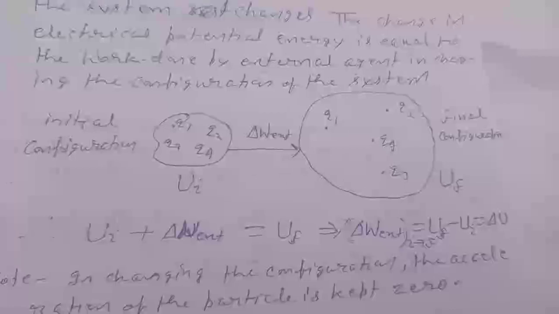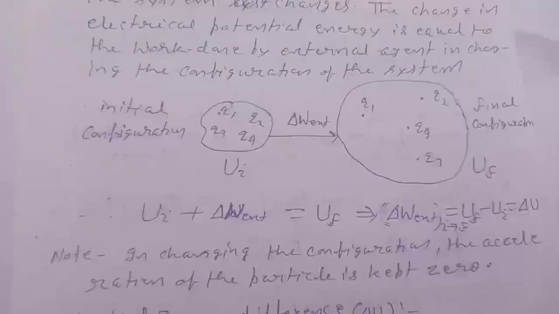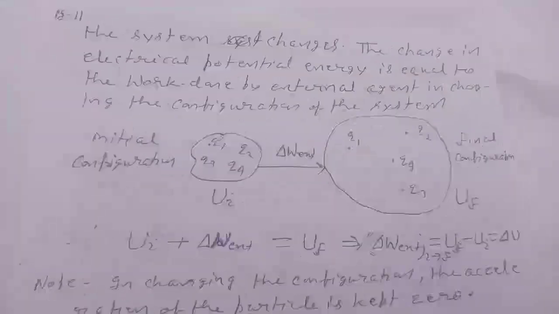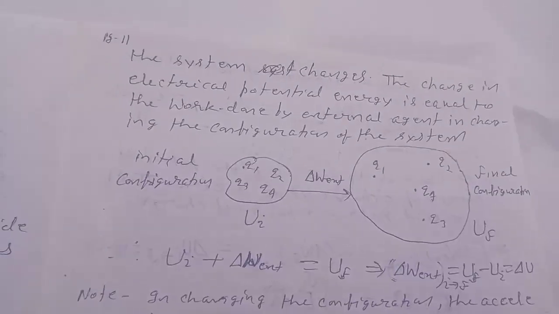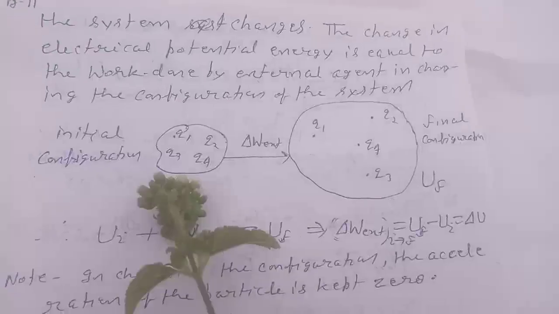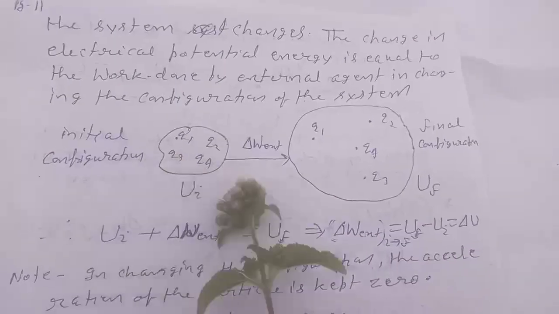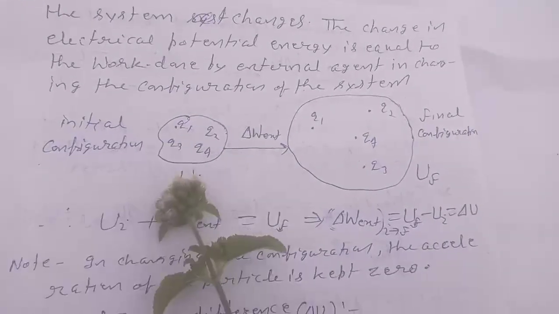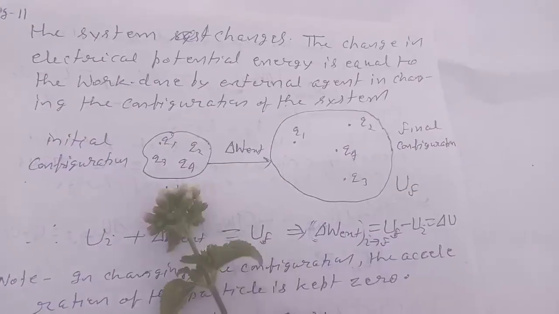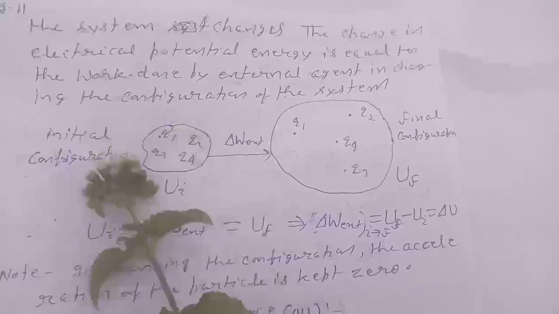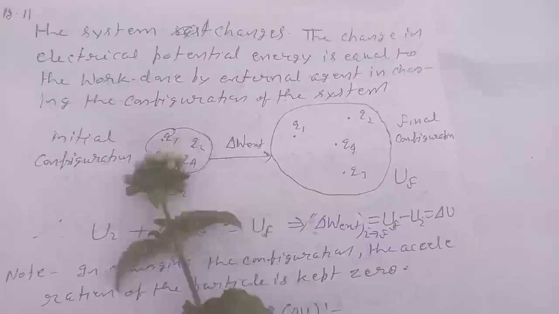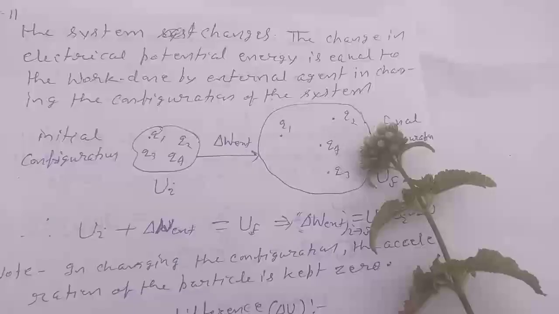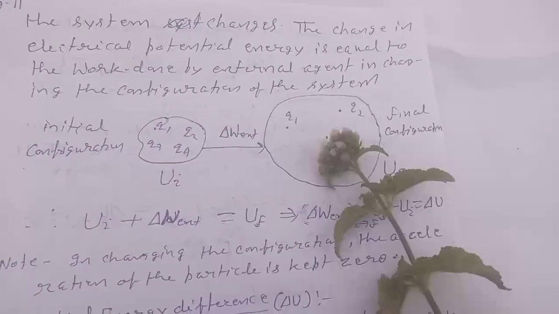Here we see that this is the initial configuration, in which there are charges Q1, Q2, Q3, Q4. So the initial potential energy is UI. When an external agent does work on this system, the configuration changes, and this is the final configuration.